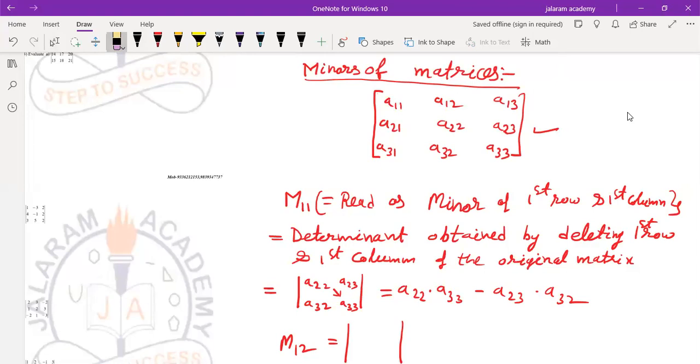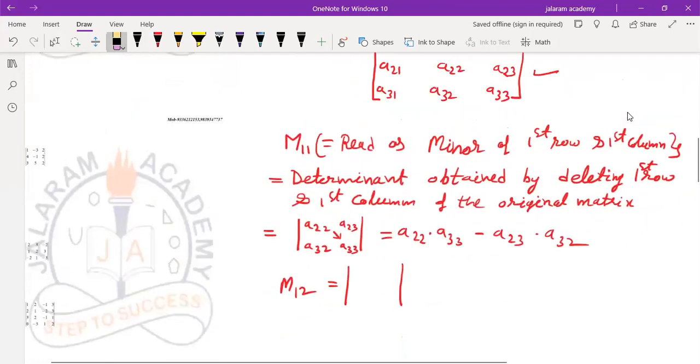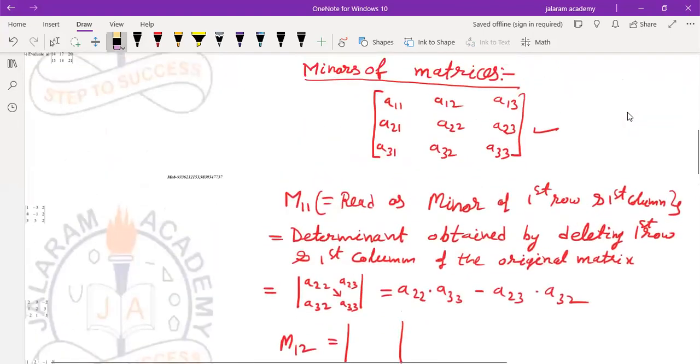We do not have to actually delete them, but we write the matrix or the determinant which is obtained by deleting the first row and second column. Means there will be elements.